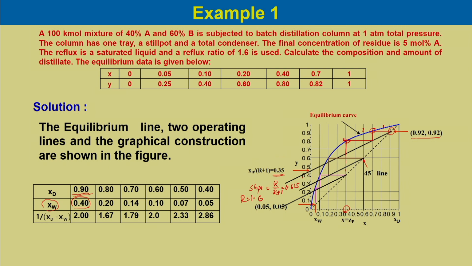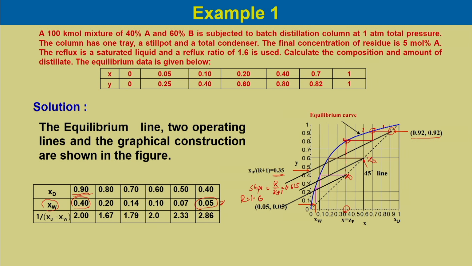When xd changes and the reflux ratio is constant, you will have a different cut and you will obtain the values for two stages. So, the similar procedure which is shown over here for 0.9292 is followed for other xd values, different xd values. So, we obtain xw from 0.4 to 0.05.